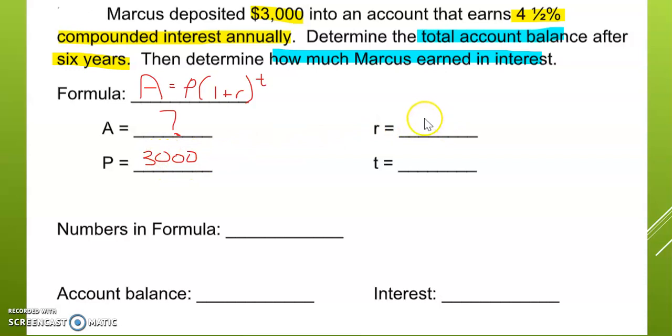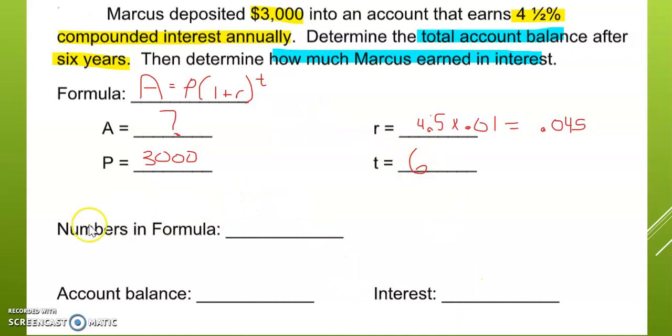The R is 4.5. Don't forget I have to convert it to a decimal, so I'm going to multiply by 0.01. And when I plug my numbers into the formula, this is going to be 0.045. And my time, 6 years. So there's my 6 years.